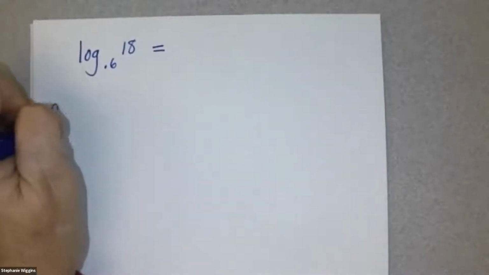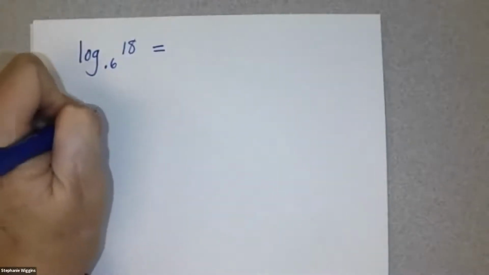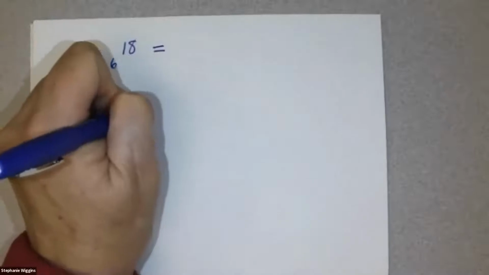Your calculator has only 2 logarithms stored in it, and that would be log base 10, that's the common log, and the natural log, which is log base e. This log has base 0.6, so I have to use what we call the change of base formula. Okay, so let me explain what the change of base formula is.